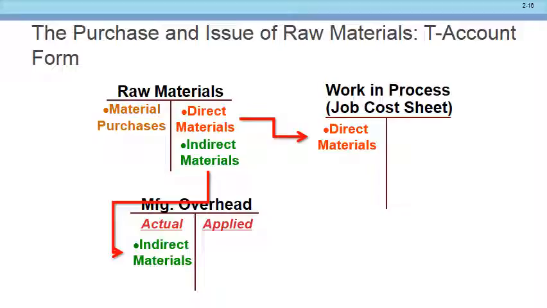Then as you issue your materials, it could be both direct and indirect materials. If it's direct materials, it goes directly to work in progress.